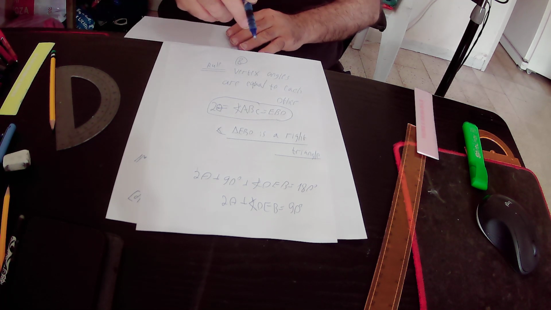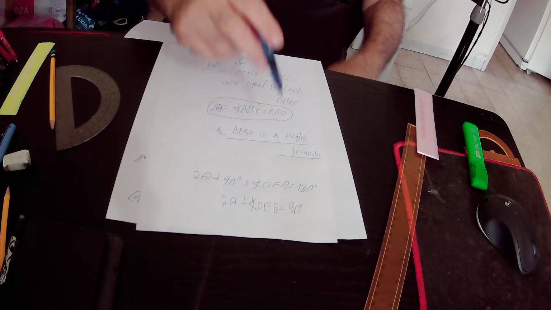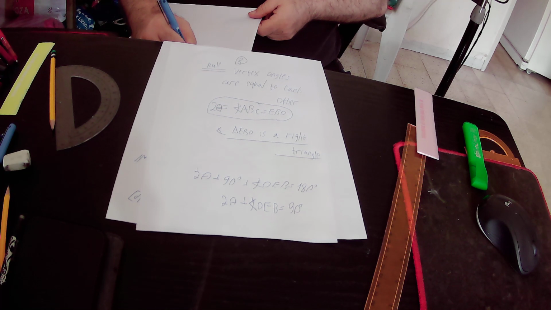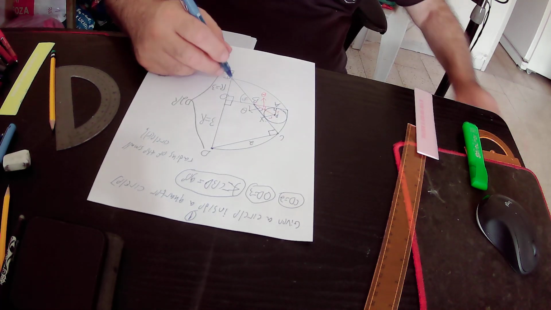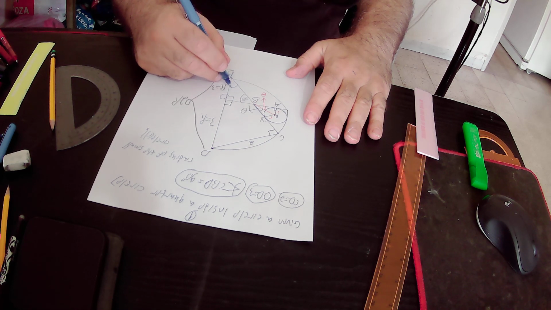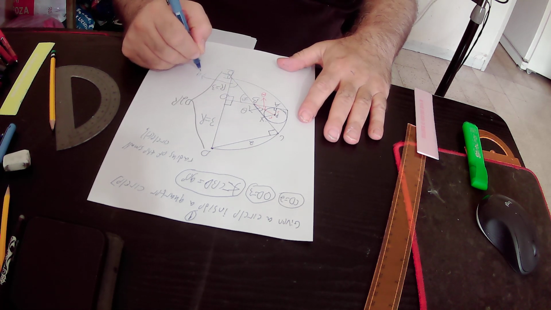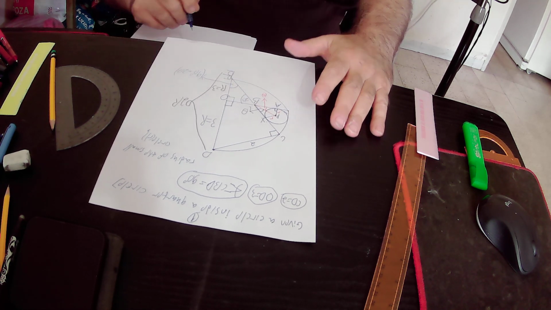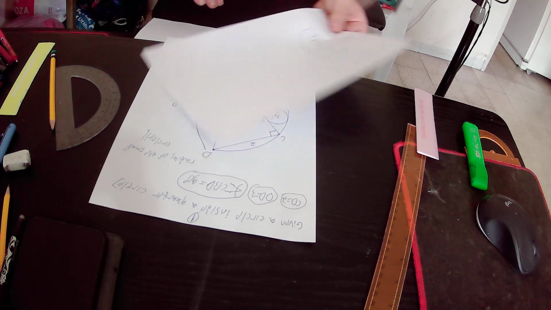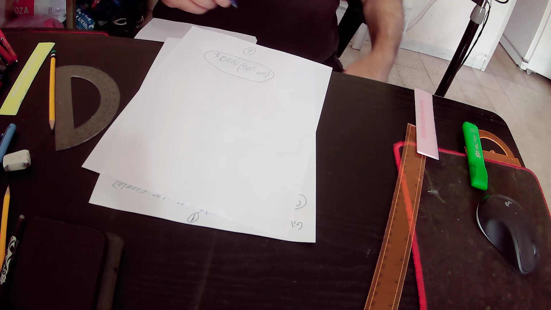So we will subtract 2 theta from this equality and we will get that angle OEB equals 90 degrees minus 2 theta.